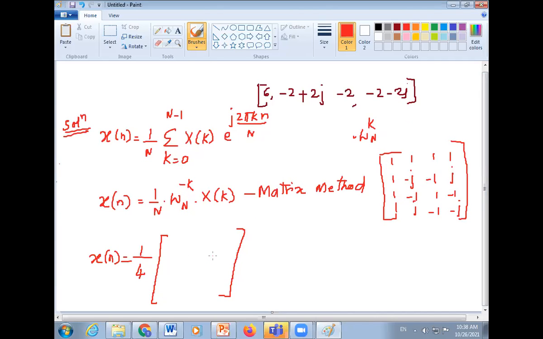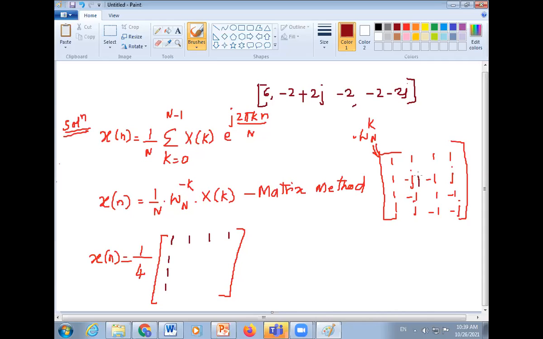Yes or no? So this is the matrix for omega N to the power k. Okay. Can you remember this? When we are writing this matrix, the first row and first column will remain the same. Please listen carefully. First row and first column will remain same.